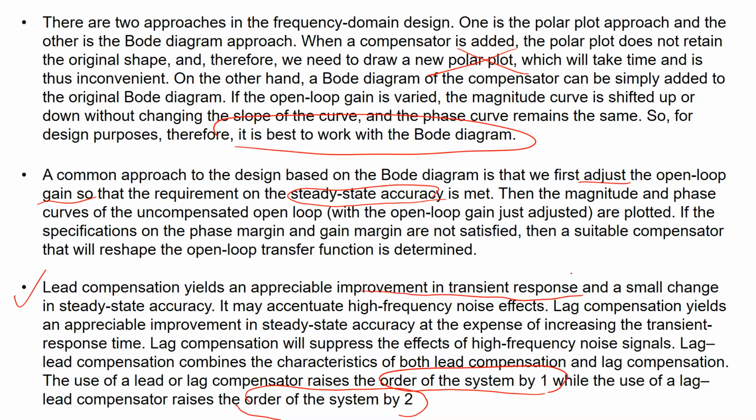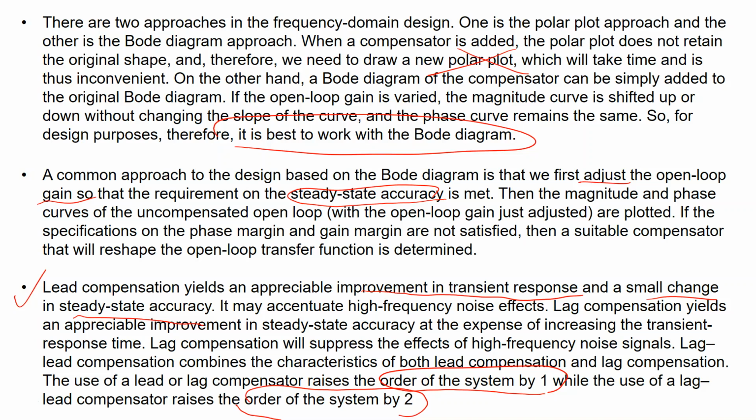It can make the system faster, but it is not really affecting the steady state error of the system. It is not affecting the low frequency region. It is mostly affecting the mid frequency.